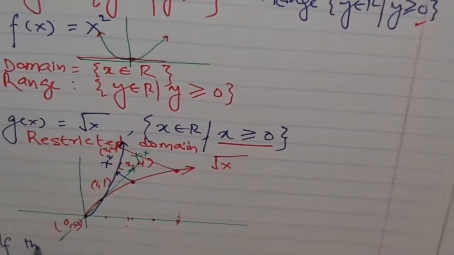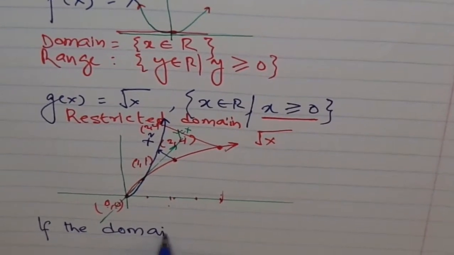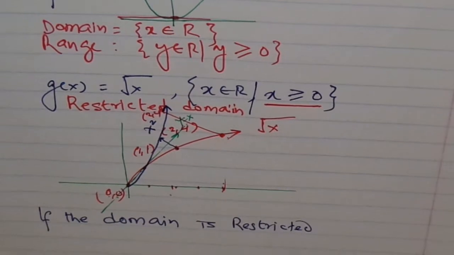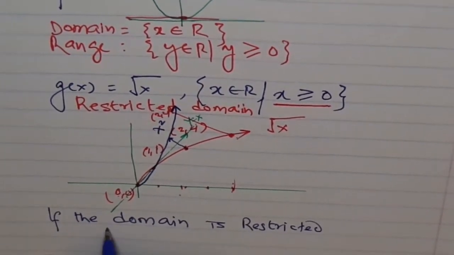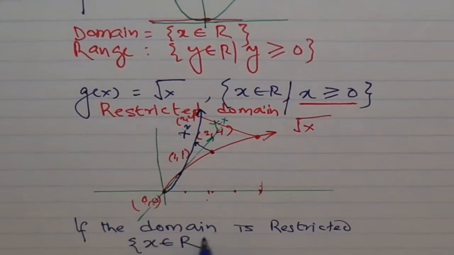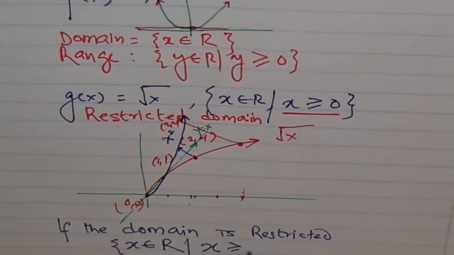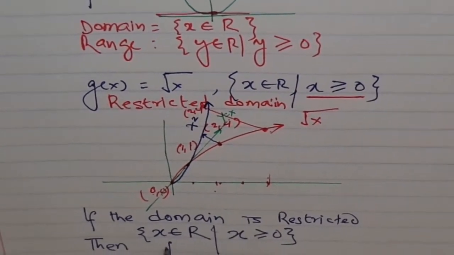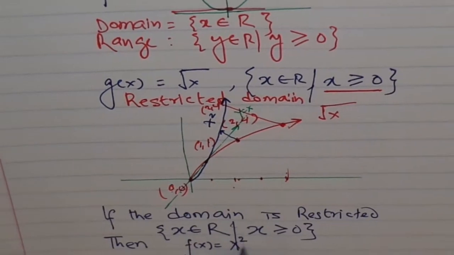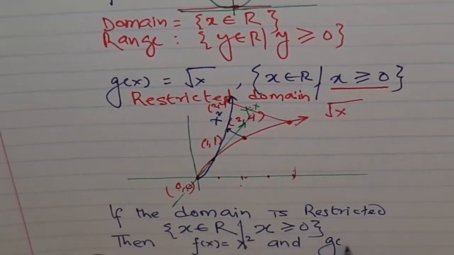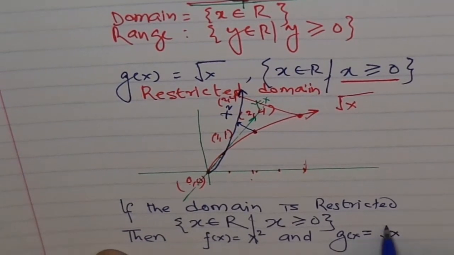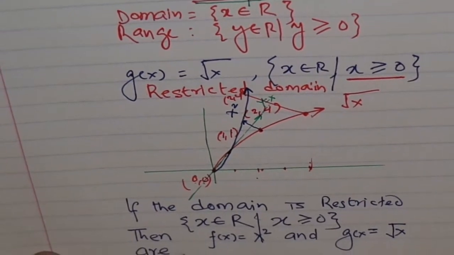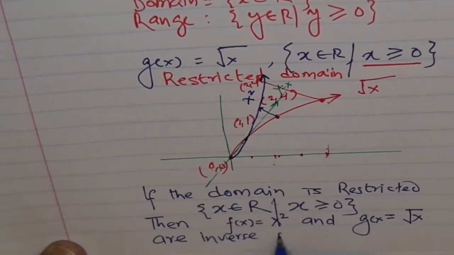If the domain is restricted, that is, x belongs to real numbers where x is greater than or equal to 0, then f(x) equals x square and g(x) equals square root x are inverses of each other.